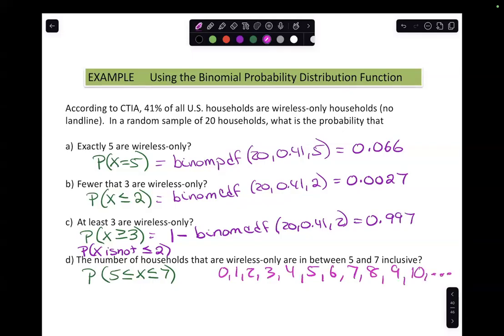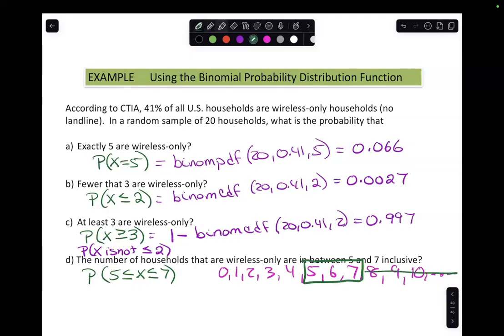What I'm looking for is this group right here. I want that group right there. Now, I don't have a function that gives me greater than, so these don't even matter. All I have is exact, and I have less than or equal to.